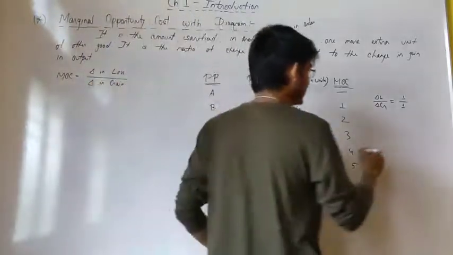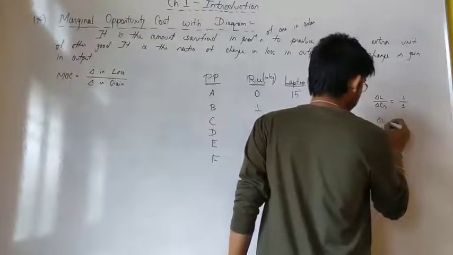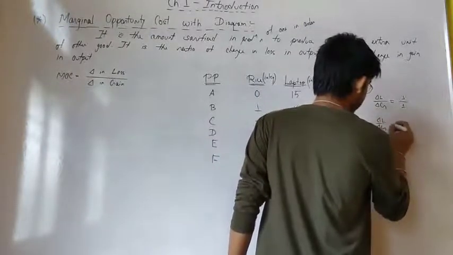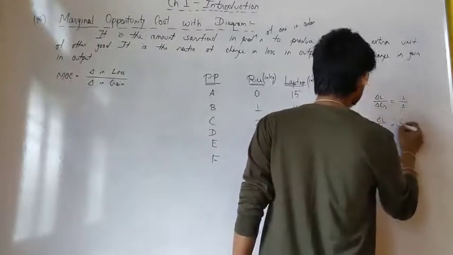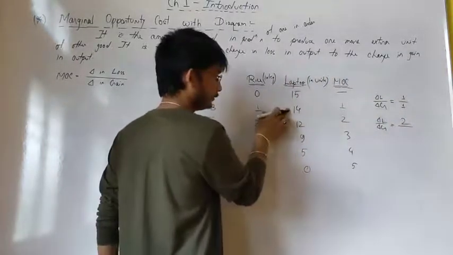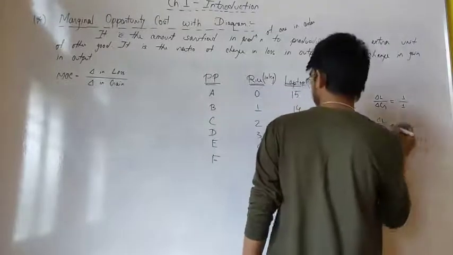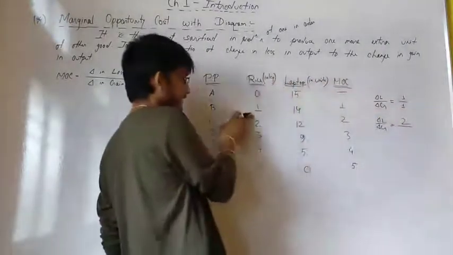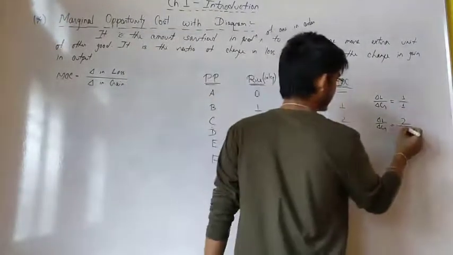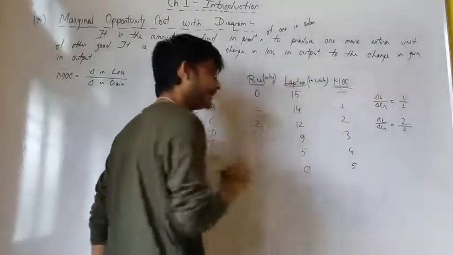Let's see here. The change in loss was 2, from 14 we have come down to 12. And what is our change in gain? The gain is just 1. So 2 divided by 1 is 2.